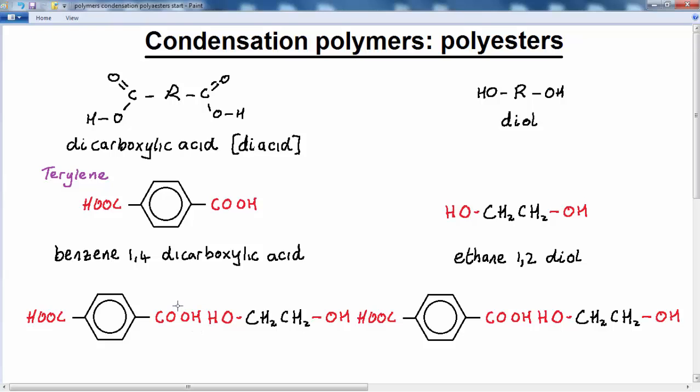So we're going to take the OH from the carboxyl group and the hydrogen from the hydroxyl and then repeat that, etc. So the formation of this chain is going to result in the production of water. Again, that's typical in condensation polymers, and we're going to get the following polymer chain produced.